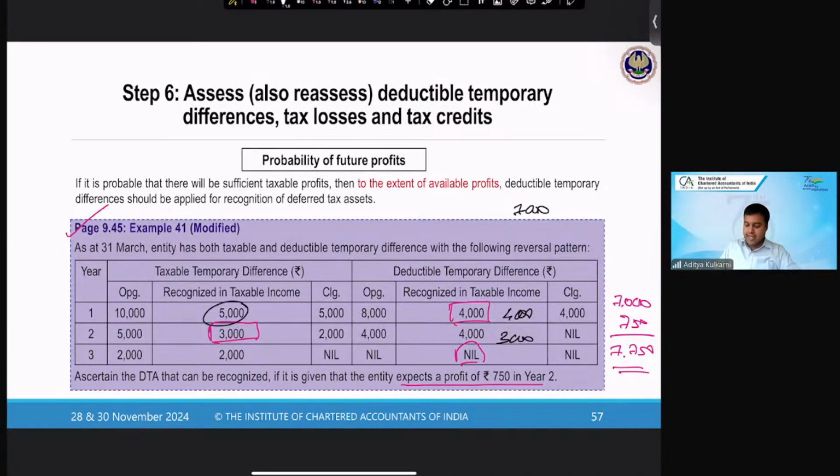Because 5 getting reversed against 4, 3 getting reversed against 4, so I will recognize 3. Ascertain the DTA that can be recognized if it is given that the entity expects a profit of 750 in year 2. So now you have 750 rupees more, so you can recognize a deductible difference of 7,750.